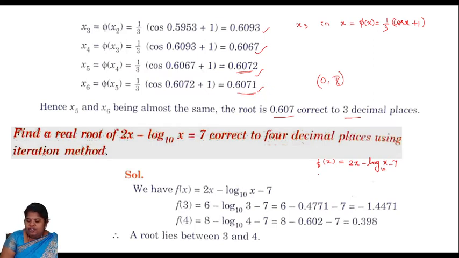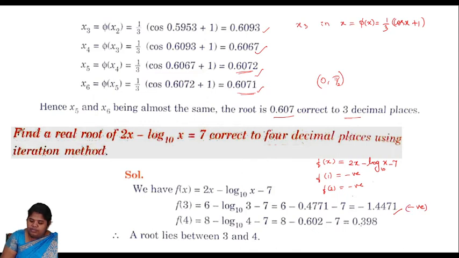So if we substitute, f of 1 is a negative value, f of 2 is a negative value, and if we substitute x equal to 3, we get minus 1.4471, which is a negative value.